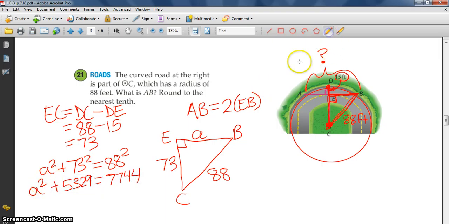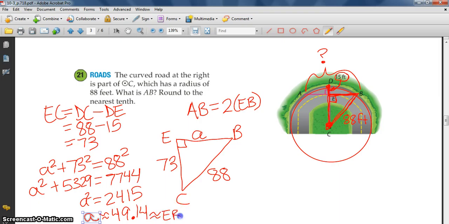So in our next step, we would subtract 5,329 from both sides, and A squared is equal to 2,415, and A would just be the square root of that. So approximately 49.14. So that is approximately what EB is.